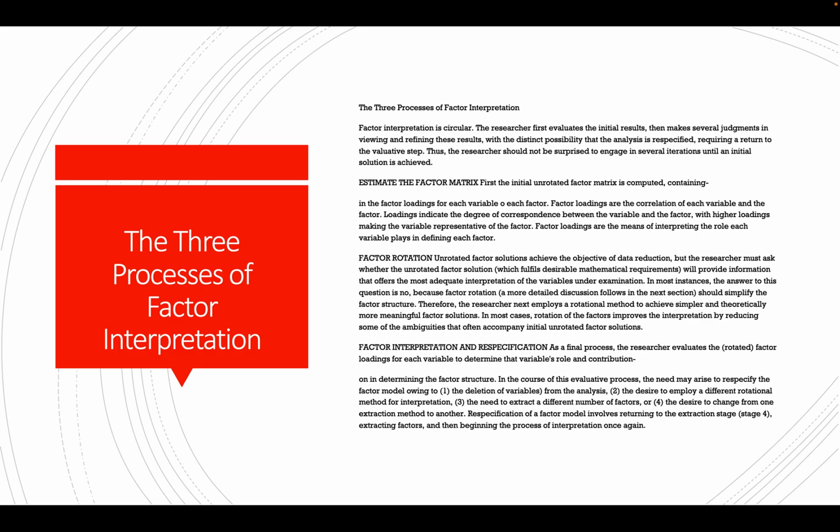In most instances, the answer to this question is no, because factor rotation, a more detailed discussion following in the next section, should simplify the factor structure. Therefore, the researcher next employs a rotation method to achieve a simpler and theoretically more meaningful factor solution. In most cases, rotation of the factors improves the interpretation by reducing some of the ambiguities that often accompany initial unrotated factor solutions.